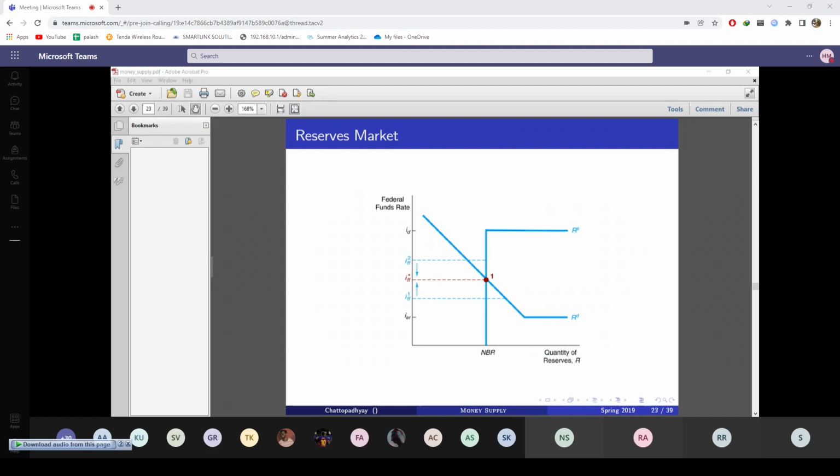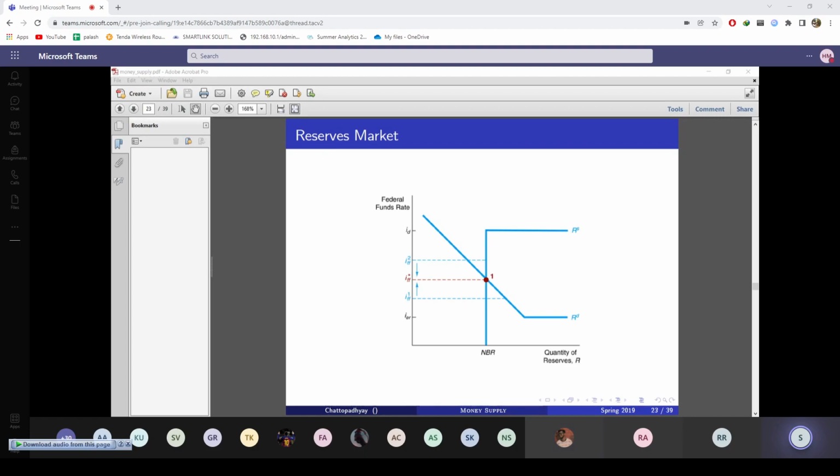Kartikeya? They would want to give out loans, so that when there is a high interest rate, their earnings would be more. Their earnings can be increased by giving more loans, right? Yes, you are correct.